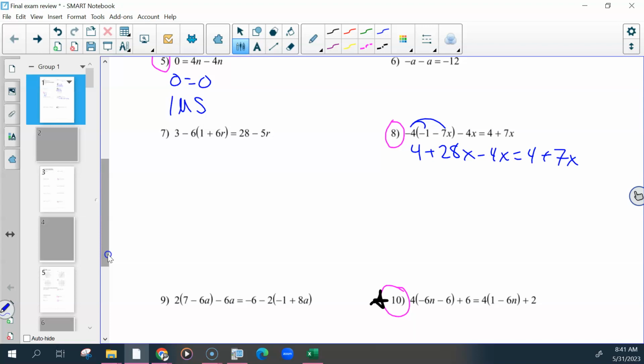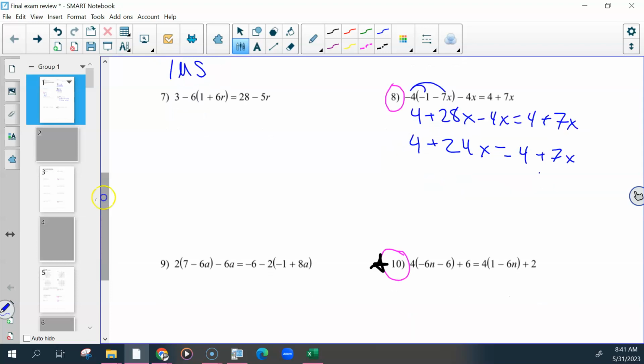Subtract 4x. Okay, so combine our like terms, do exactly what it says. We have 24x. Subtract 7x. And then you have choices. You could subtract 7x, or if you want to do something else, that's fine. Taylor said 7x, so let's do that one.